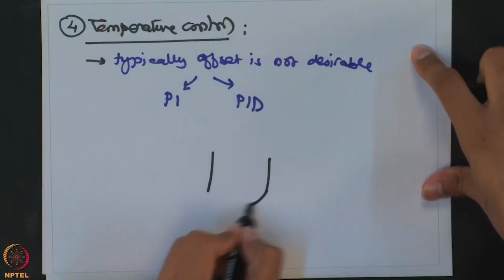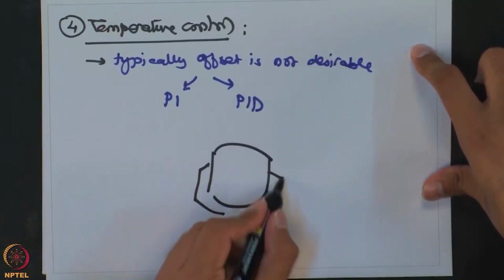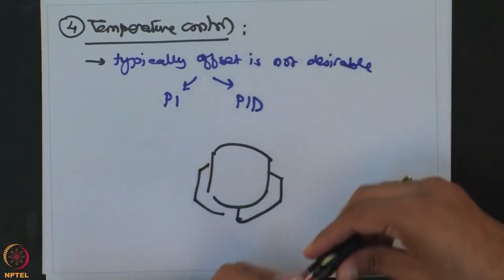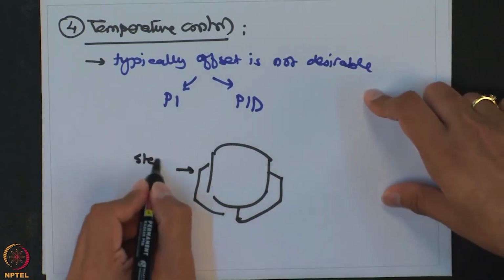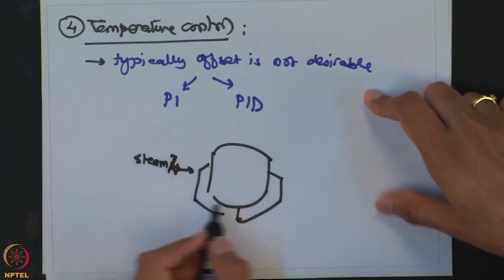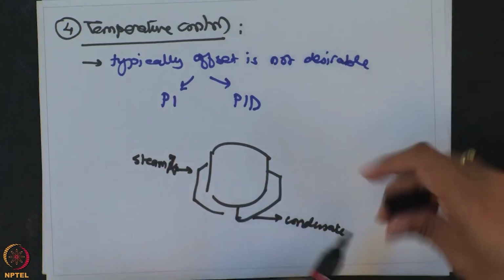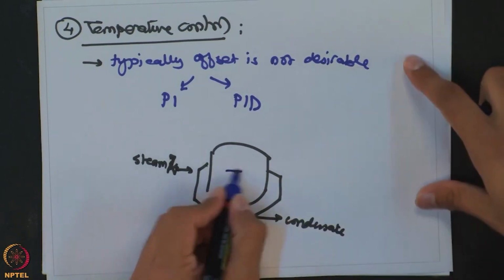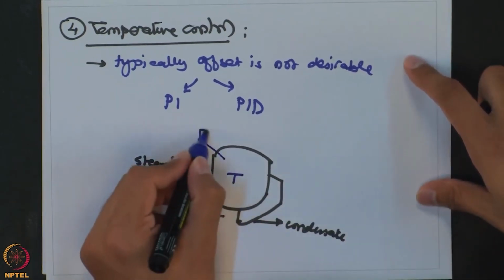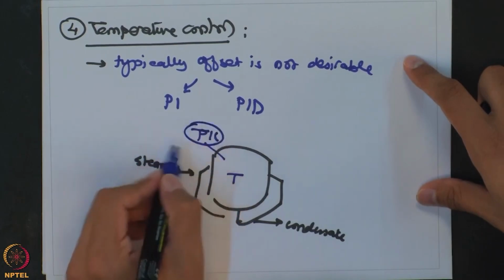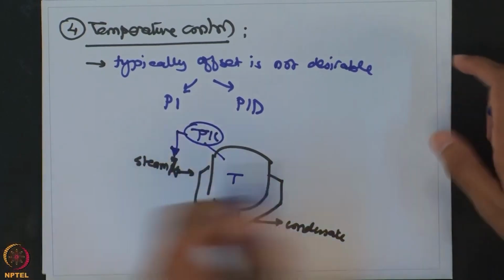A lot of times we have the heating or cooling done through a jacket, so it becomes a multi capacity process. If I draw a reactor which has steam providing the heating, so it is an endothermic process, and we want to control the temperature inside this reactor by changing the steam flow.